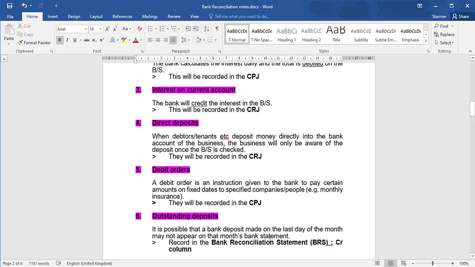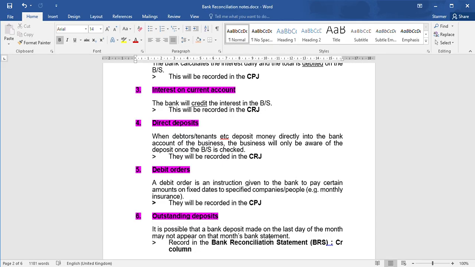Right, outstanding deposits. If you think about it, it's very possible that on the last day of the month we receive money, but our business closes, let's say at 5 o'clock. At that time the bank is closed already, which means we're only going to deposit money we received on the last day of the month in the new month.